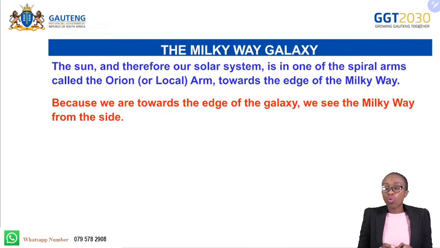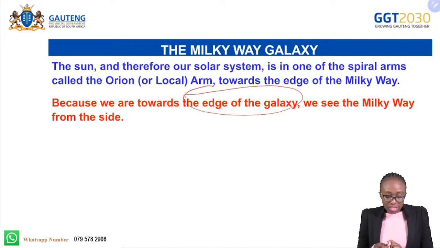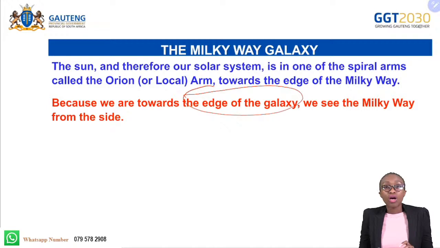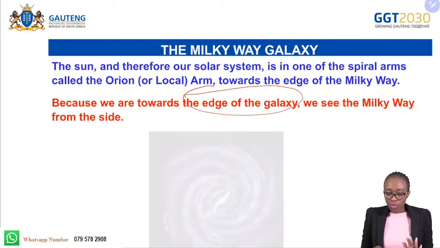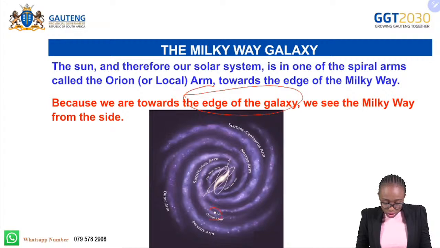Because we're towards the edge of the galaxy, we see the Milky Way from the side. Remember the picture that I showed you in the previous slide? This is us, our sun, and our solar system.